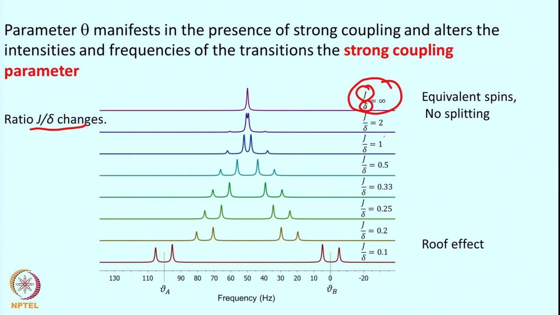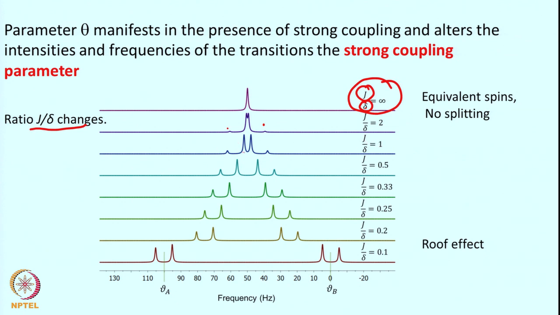Now as we start changing the ratio J by delta, if it becomes 2, you see the splitting pattern starts originating. It will split into 2, very small here, and then there are 2 others coming here. Now if the chemical shift difference and J become equal, then we get 4 peaks.